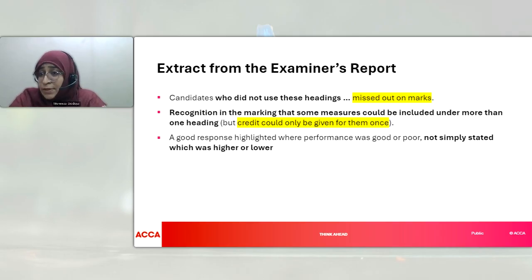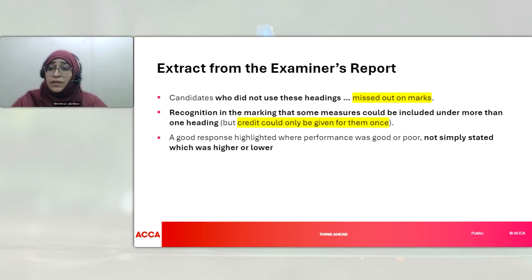Then, as I mentioned before, credit is normally only given once per point that is made. If you keep on rehashing the same thing in different wordings, you're not really going to be scoring any marks. So you need to be conscious of that as well. And because this was about discussing, and the verbs are very important, the candidates who did not simply mention, oh, this is good or this is bad, but really focused on whether there was improvement or not, since this was a comparison between three different hospitals, were able to score a lot more marks than candidates who simply said, oh, so they're economical, this is good.